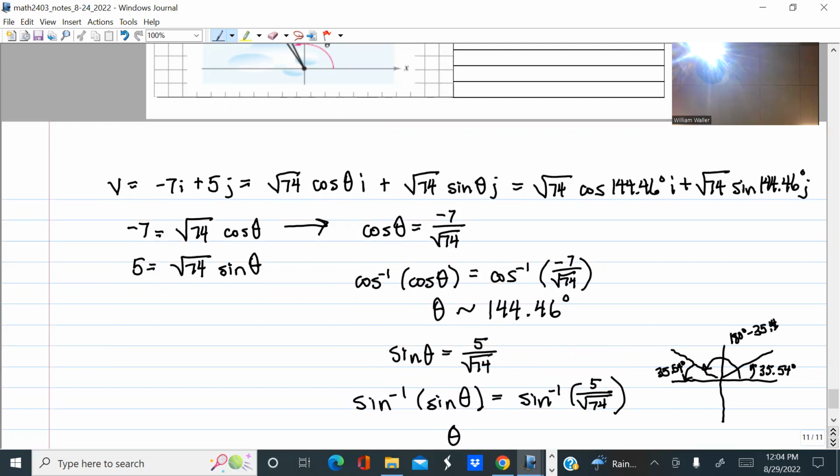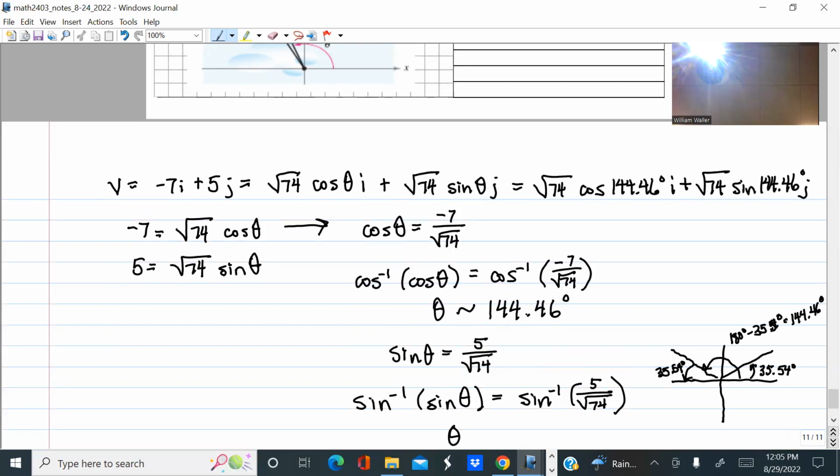Guess what that comes out to be? I think it comes out to be 144 point something. 144.46? Is that the right angle? Yeah. Oh, there it is. Okay. All right.